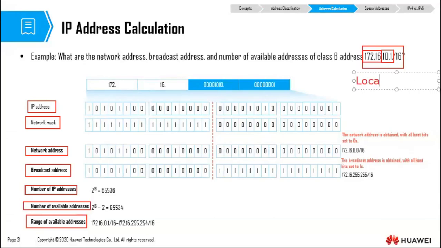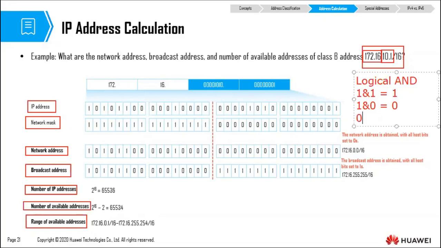Logical AND. It's easy. It's very easy. So you don't really need to think a lot. So this is the rule for logical AND. A 1 and a 1 is a 1. A 1 and a 0 is a 0.